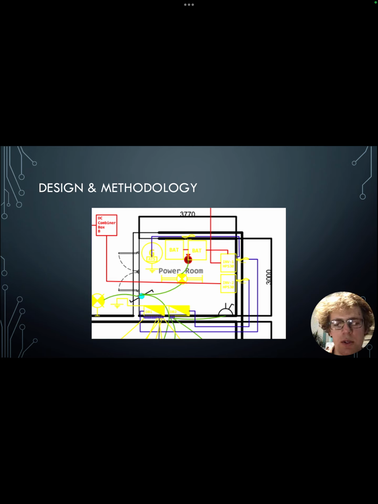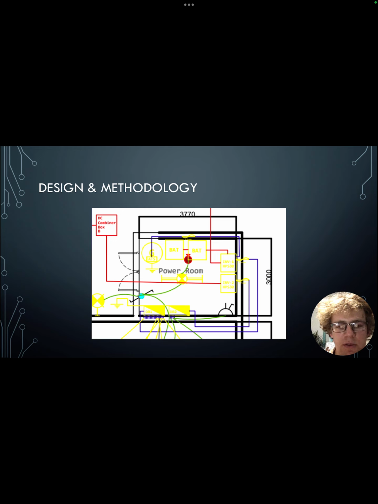Then on the wall to the right side, we have 2 inverters. Those are our 2 3-phase inverters, and they power 2 dedicated DB boards, one for the warehouse and one for the hospital. And also the earthing is indicated over here.